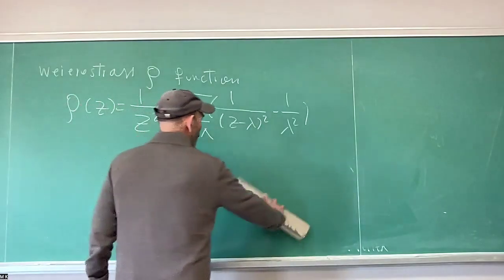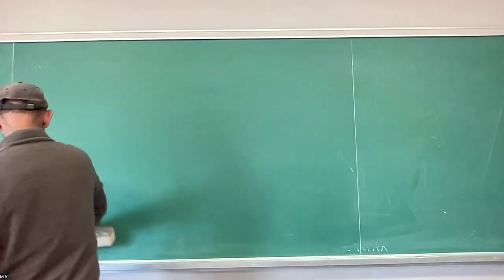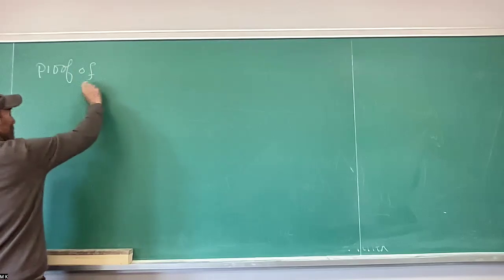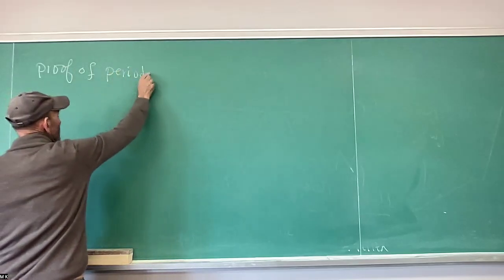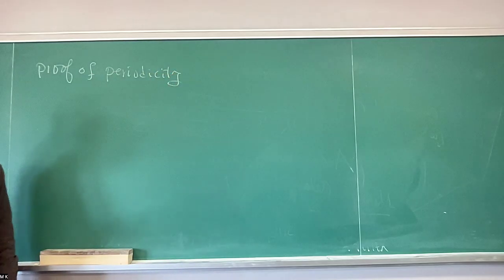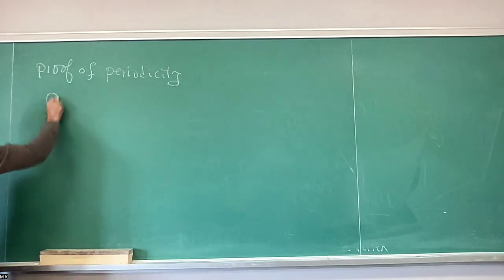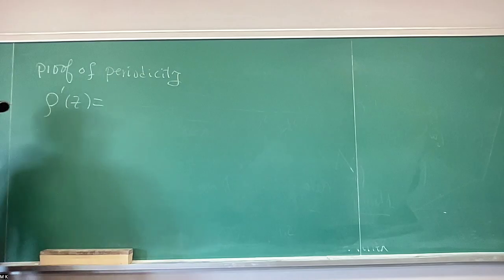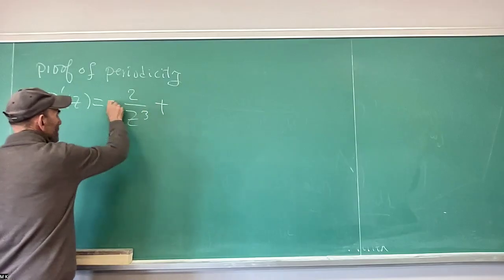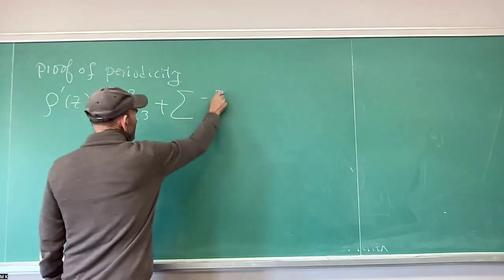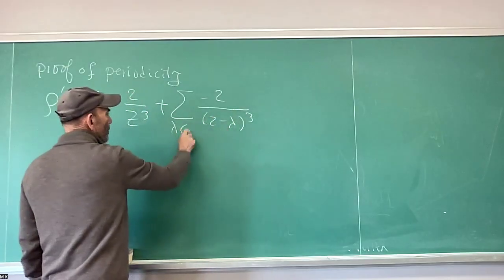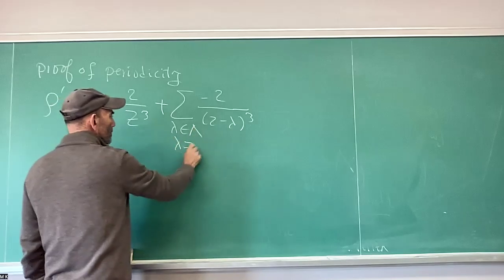So now, the idea of periodicity, the proof of periodicity. You differentiate this function. Consider P prime of z. If you look at P prime of z, what do you get? You get minus 2 over z cubed plus the sum of minus 2 over (z minus lambda) to the power 3, lambda belonging to big Lambda different from 0.